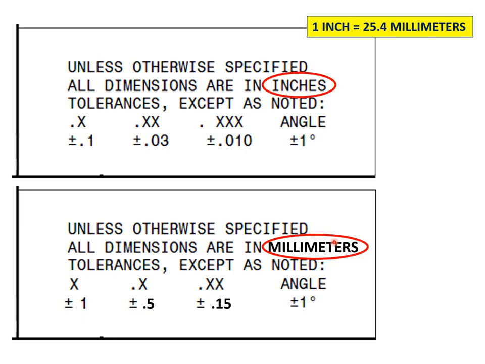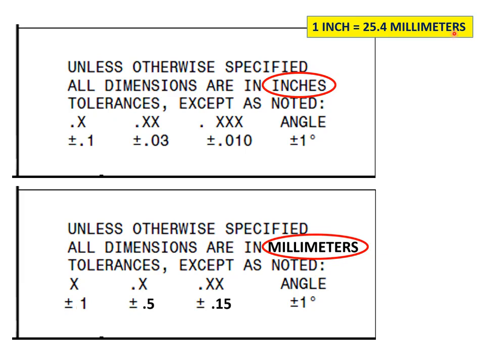Here in America for architecture, they tend to use inches. Some old drawings use feet and inches with fractions. Now we're going all to decimals. One thing to keep in mind is 1 inch equals 25.4 millimeters.